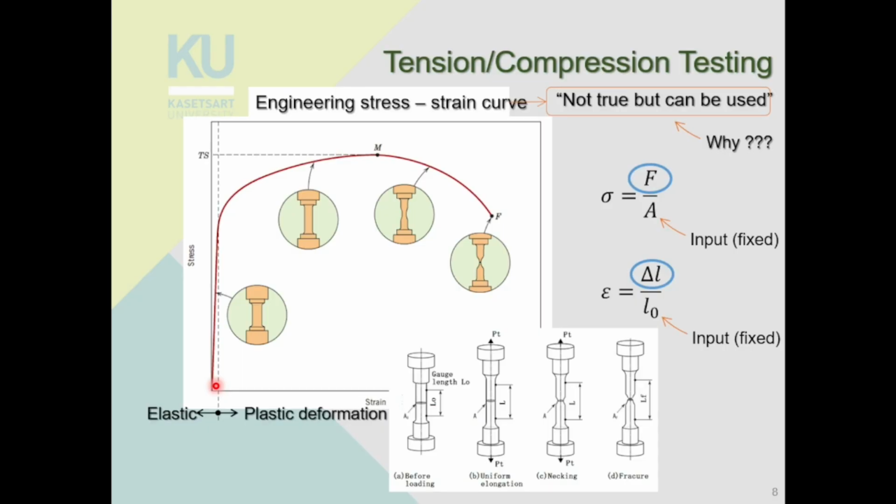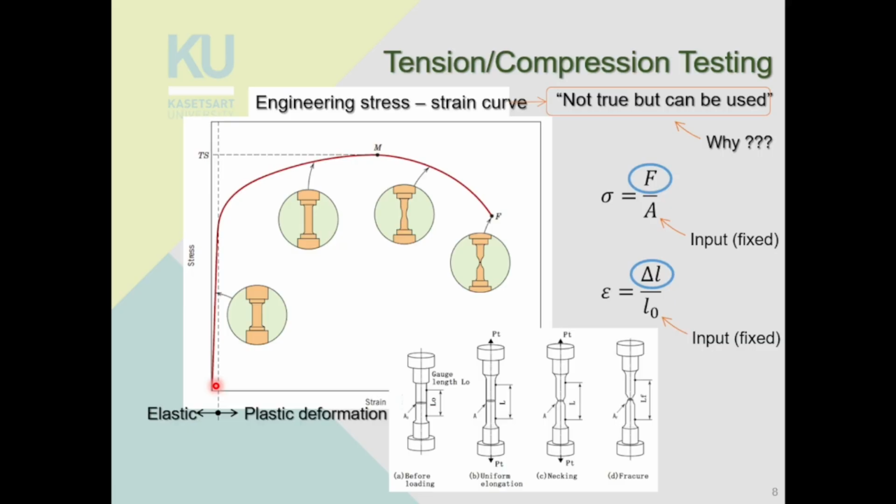But as you can see, as you apply the load, the specimen is getting longer. Initially, you will get what is called a uniform elongation. That means the length is getting longer and the cross-section area is getting thinner, but the cross-section area is getting equally thin along the length of the specimen. This is called uniform elongation, up until this point M here.